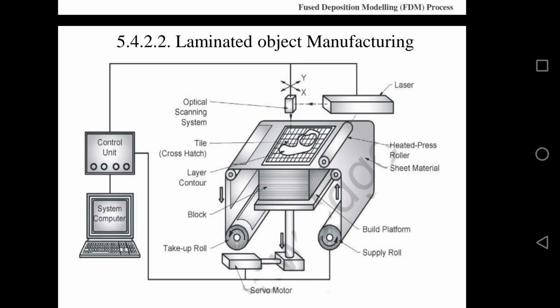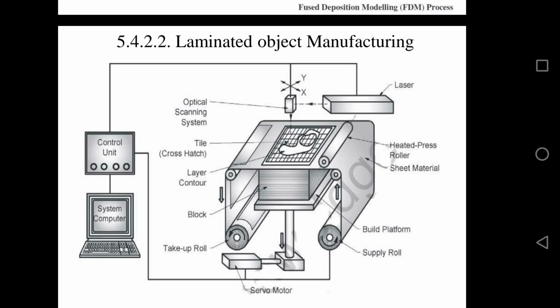Then we have to do the slicing of the STL model. After this, the real part building process starts once we transfer the slice file format data to the rapid prototyping machine by using the system computer.